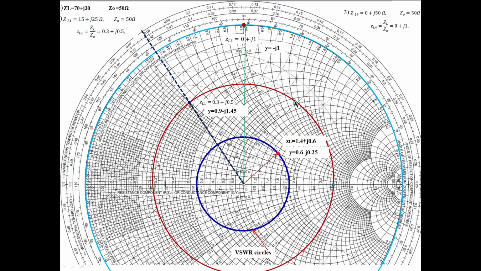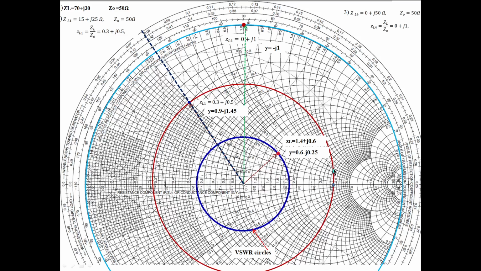There is only one maxima on the VSWR circle. You take any VSWR corresponding to any load, and while moving on the VSWR circle, we will find the maximum impedance only when the VSWR circle intersects the horizontal line on the right side of the Smith chart. Read the impedance here; that is the maximum impedance you can observe.